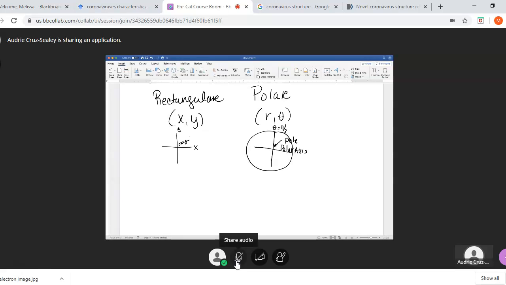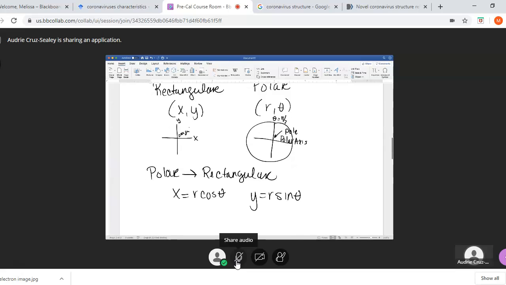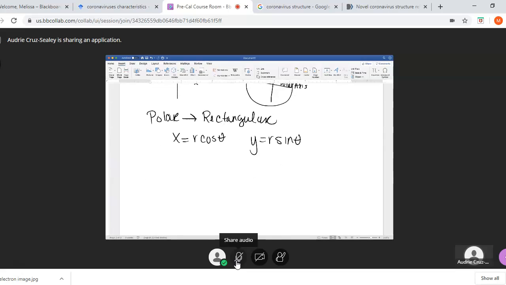So if you look at the very important note, to change from polar to rectangular, you want to keep this in mind, that x equals r cosine of theta, which you already know.